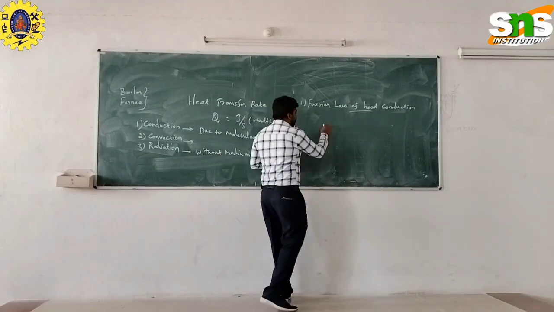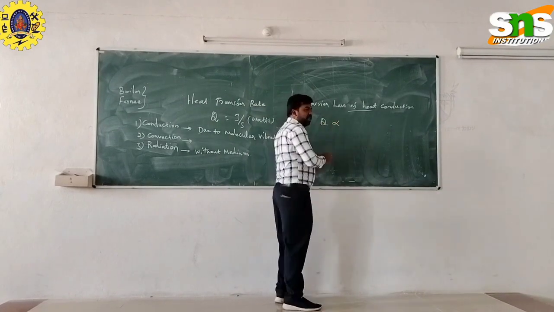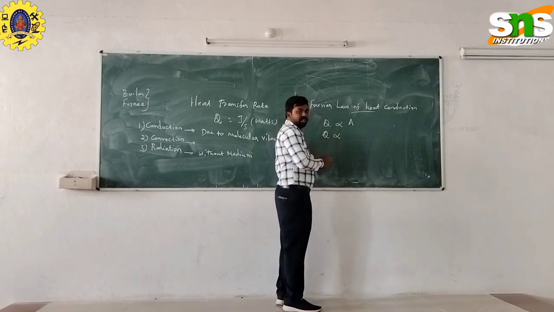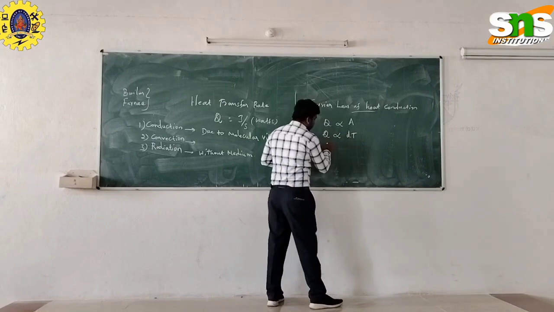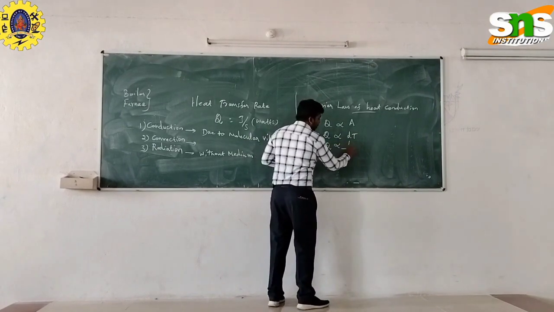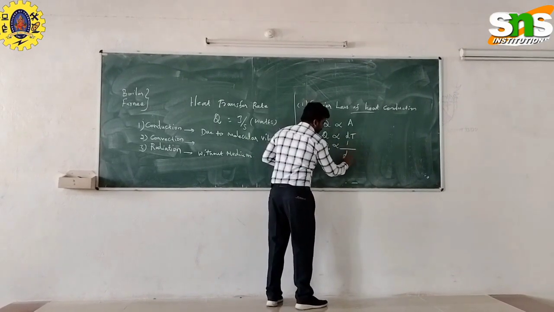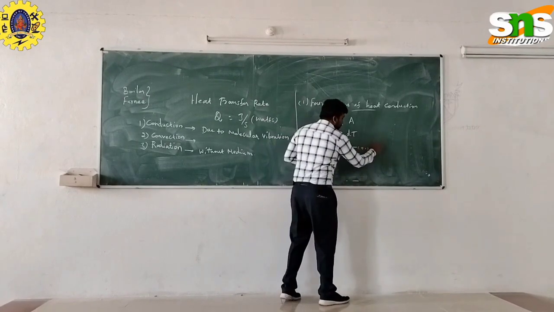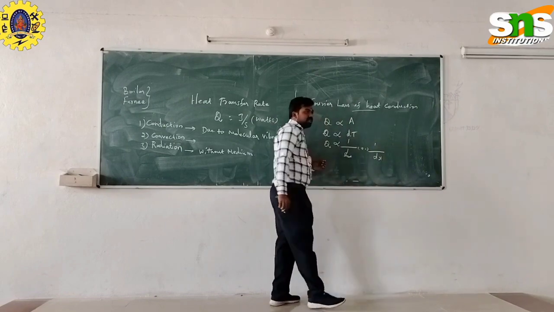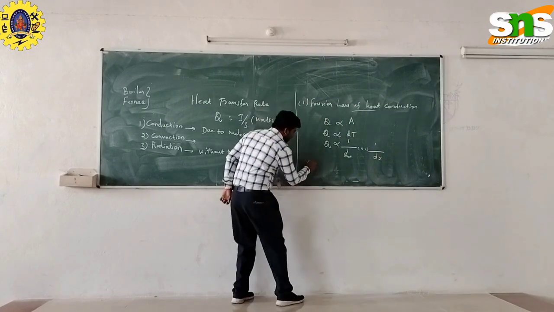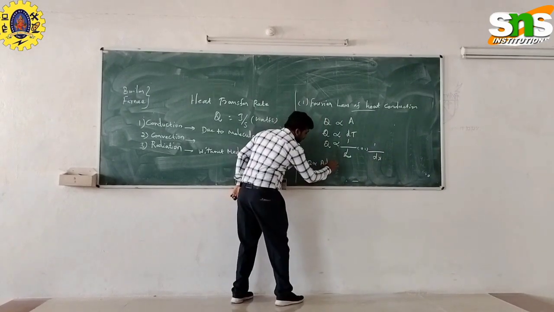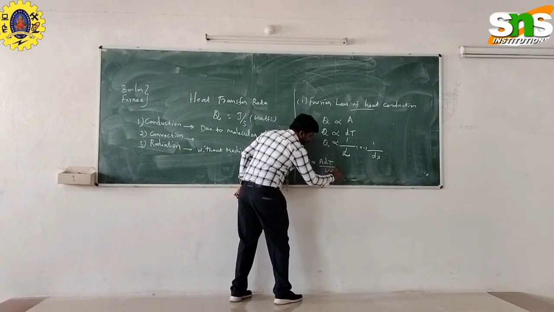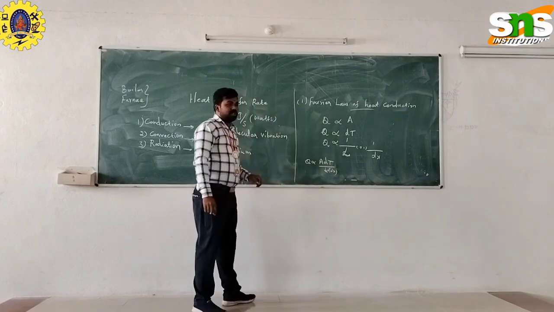In this law, the heat transfer is directly proportional to the area of the substance, directly proportional to the change in temperature, and inversely proportional to the length of the substance, or otherwise a small portion of the substance. So we rewrite it as A dT divided by L, or otherwise dx if it is a small portion.